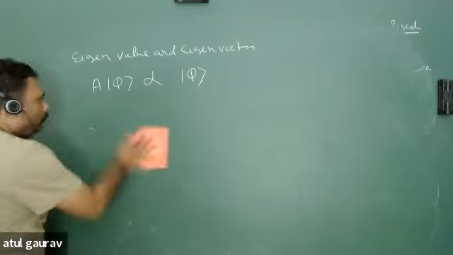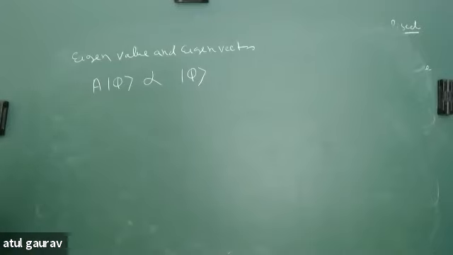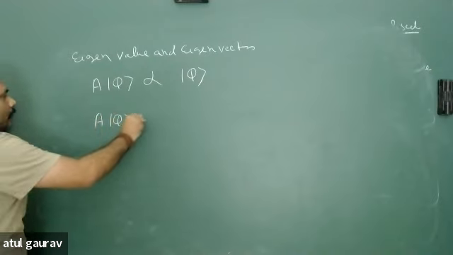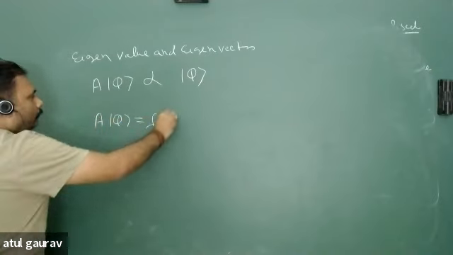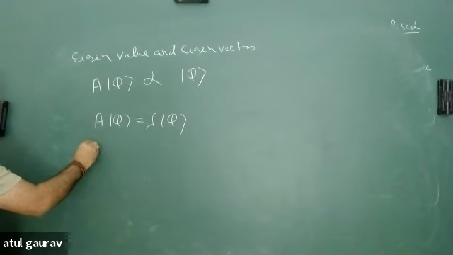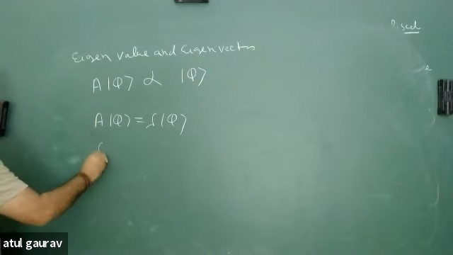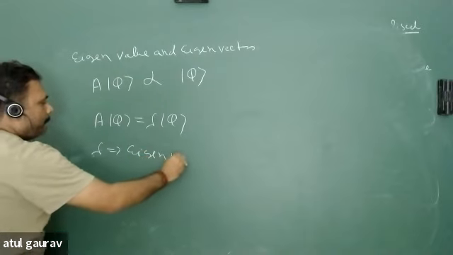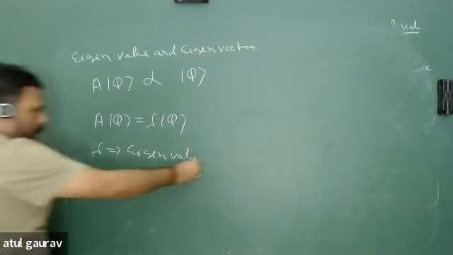Now obviously there is some proportionality constant. So you can have A phi equals lambda phi. Here lambda is identified as the eigenvalue, and an eigenvalue is just a number, don't worry.